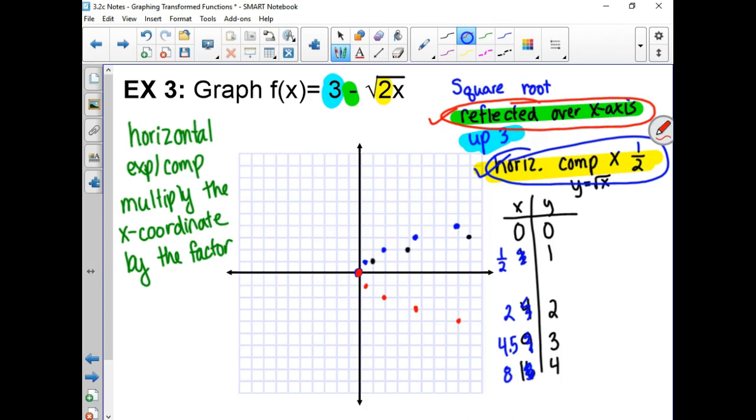Okay. Last step, everything needs to move up 3. So we take all of our red points. I'm going to use green for this. And everything moves up 3 points. So we just take all those points, move them up 3. And then that's our last thing that we've got to deal with. So I'm going to draw the line in this time.